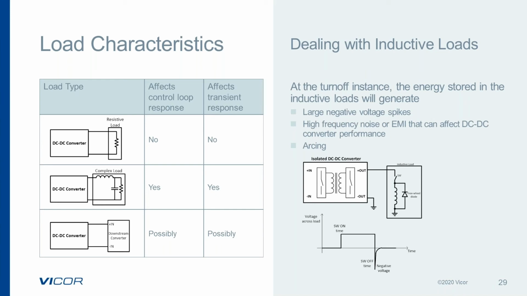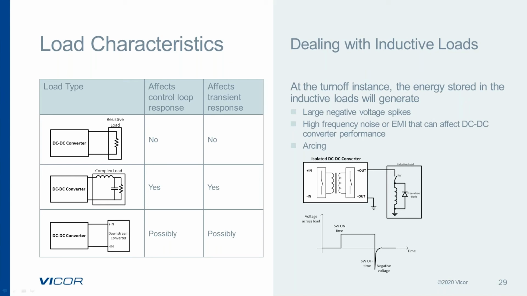Now, dealing with inductive loads: sometimes our DC to DC converter is powering an inductive load, such as a motor or a relay. Once the switch opens, an inductive load can create a negative transient back to the supply. We have to take that operation into account to make sure the output of our supply isn't damaged by this inductive load.